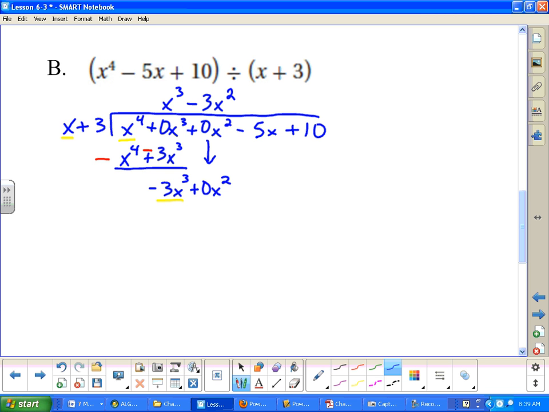Negative 3x squared times x is negative 3x cubed. Negative 3x squared times 3 is negative 9x squared. So now we're going to subtract, so we change the signs. In this case, it's going to change both those signs to positive. So negative 3x cubed plus 3x cubed is 0. And 0 plus 9x squared is 9x squared. Bring down the negative 5x.